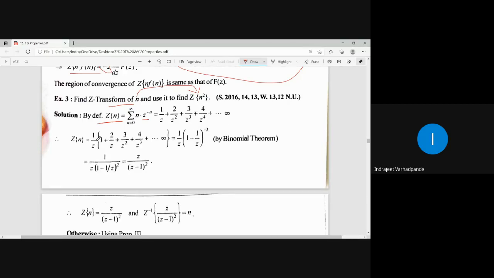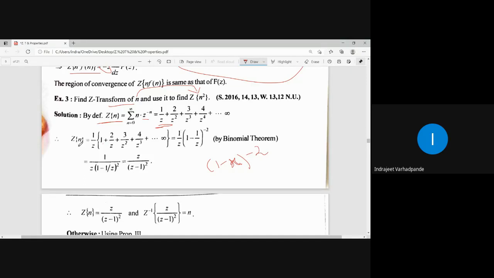What can be taken common? 1 by z can be taken common. So we are left with 1 plus 2 by z plus 3 by z square plus 4 by z cube. If you remember, it is a binomial expansion in the form 1 minus x to the power minus 2. What is 1 minus x to the power minus 2? It is 1 plus 2x plus 3x square and so on.